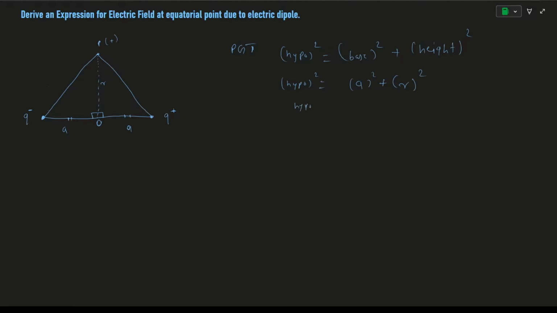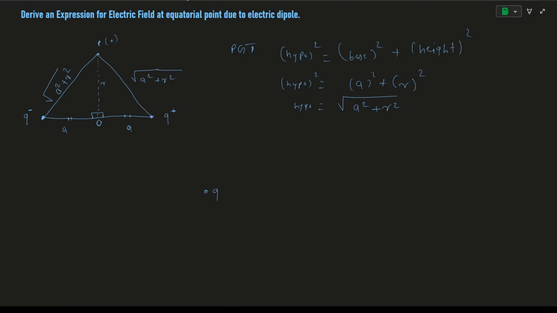So the hypotenuse will be the square root of a square plus r square. Okay, so this distance will be root of a square plus r square, and similarly this distance will be the same because all these parameters are the same. Okay, fine, we already discussed that.